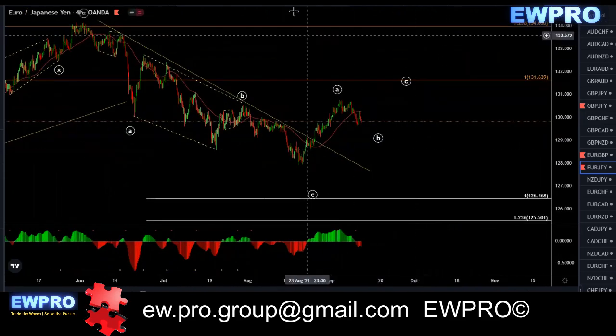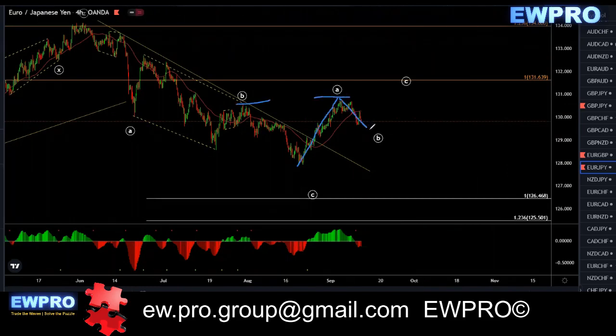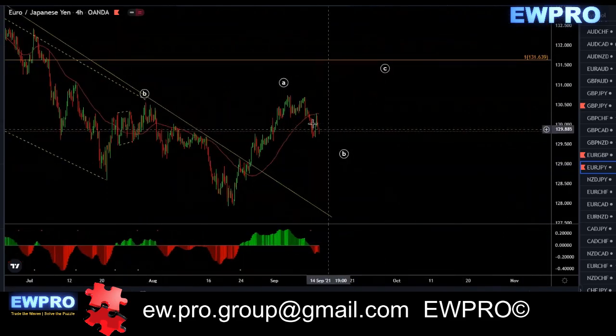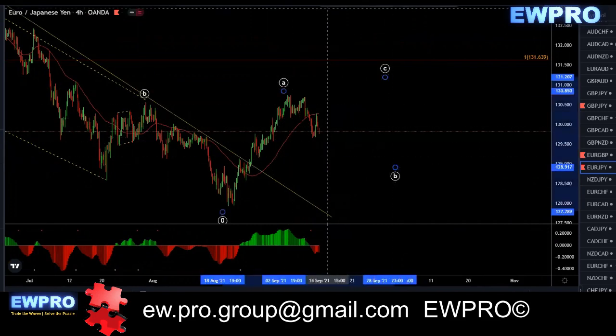On the H4, it's quite clear. We got a nice higher high here. So we're looking at all this as corrective and a C up, but nothing's changed since last week. We're looking for that C up. We're in this B wave, and this B wave can go on for a long time.